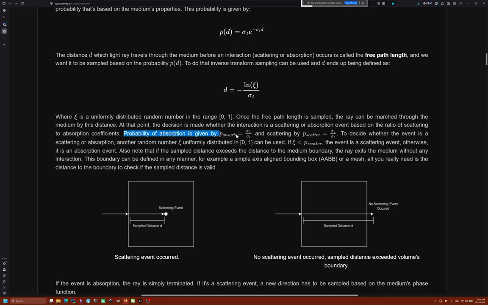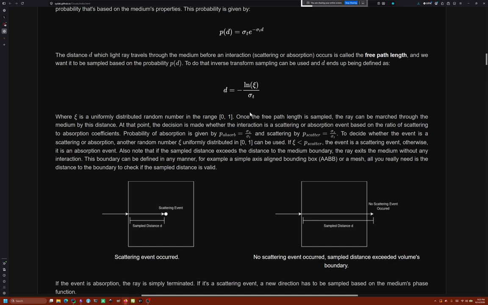The probability of absorption is sigma A over sigma t. It's the portion of the extinction that refers to the absorption. And the probability of scattering is sigma S over sigma t.